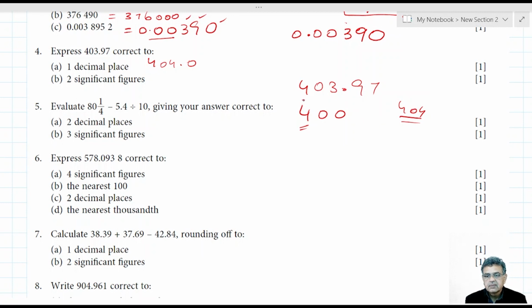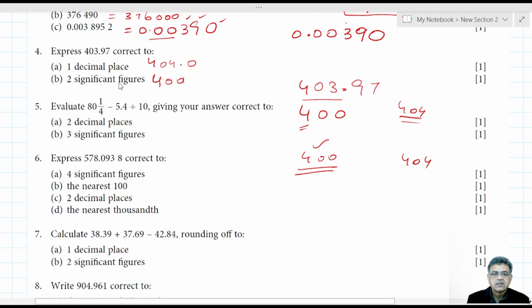So it can be rounded off to one significant figure or four significant figures. So we have no choice other than considering this number as two significant figures. So this will be 400. We can't give the answer correct to more than two significant figures. So 400 is the available answer in this case.